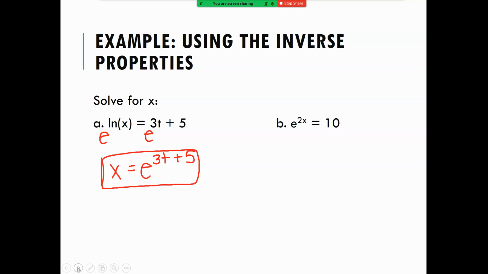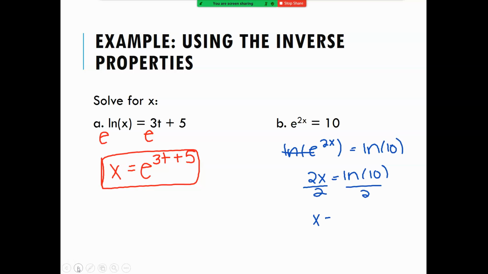In example number 2, we have e to the 2x equals 10. To solve for x, you're going to ln both sides. The ln and the e cancel each other, leaving 2x equals the natural log of 10. Divide both sides by 2, and we get x equals 1/2 the natural log of 10.